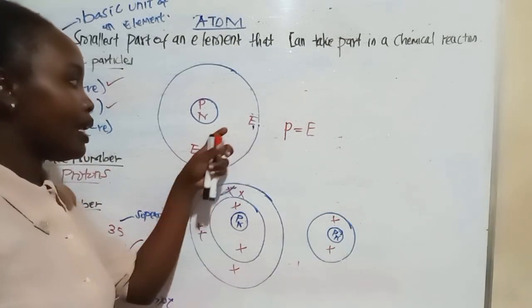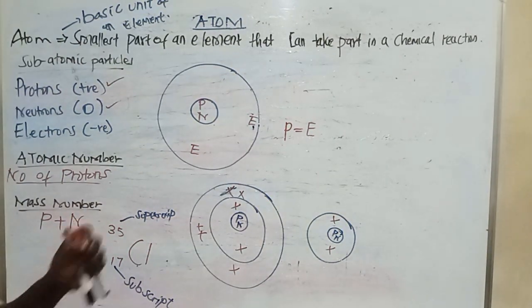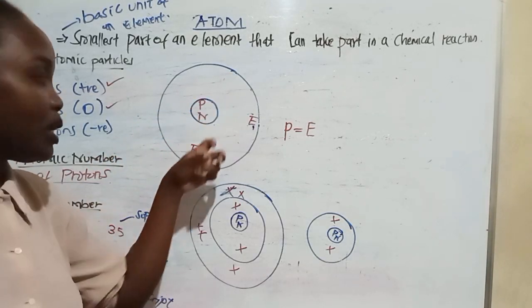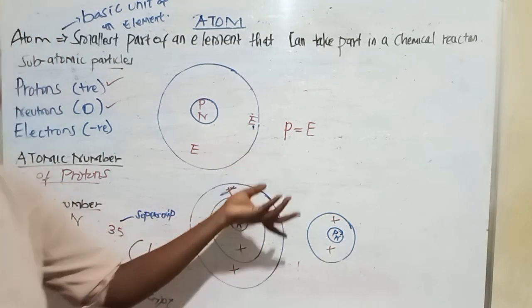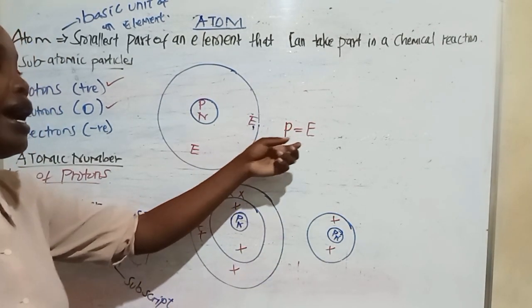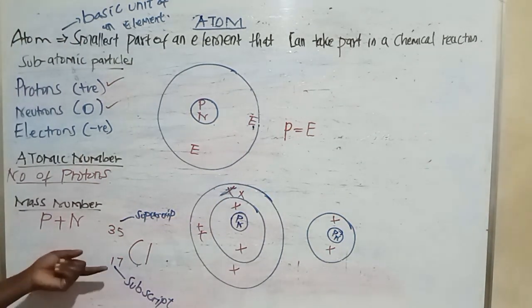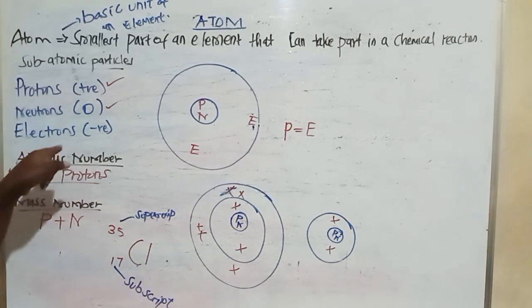The number of protons gives us the atomic number.